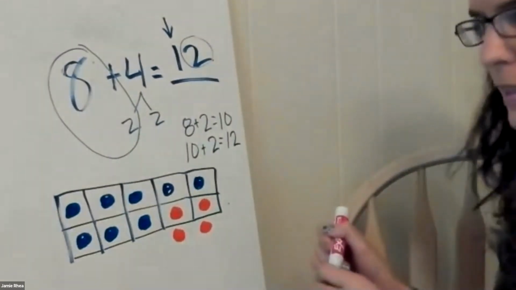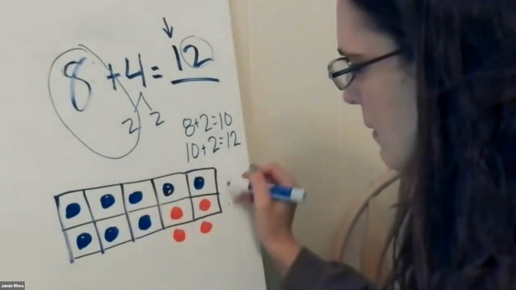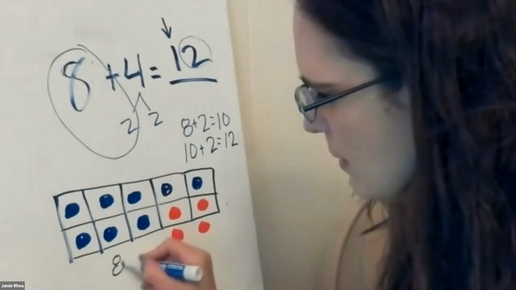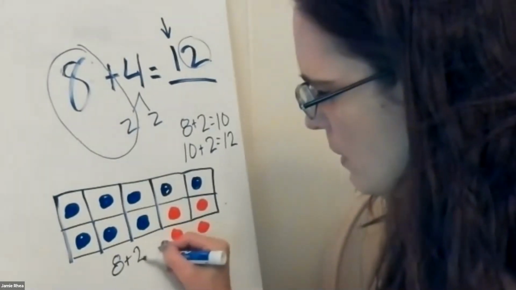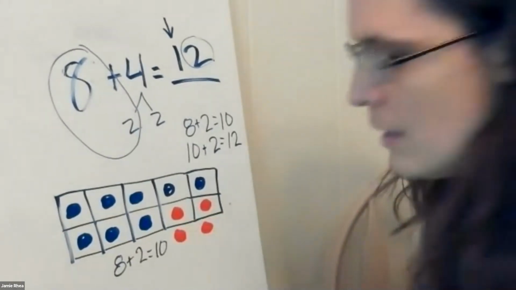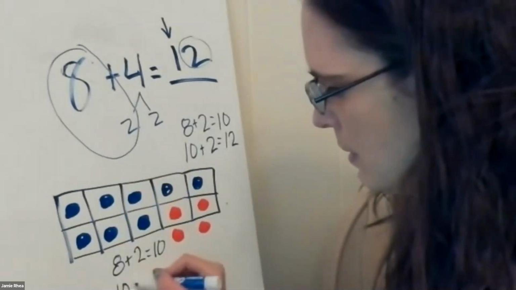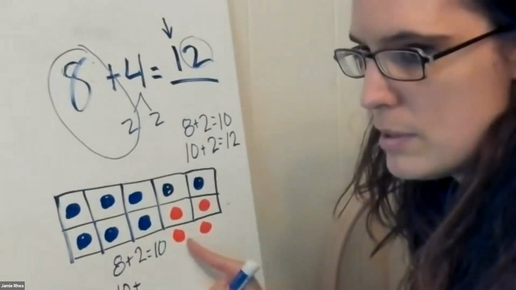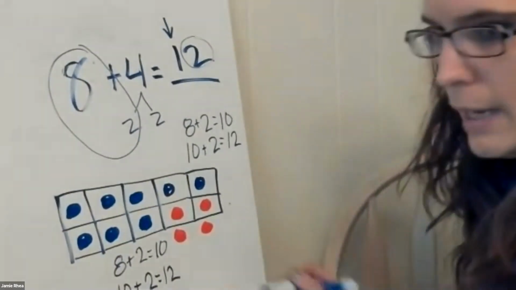You can look at it like this, okay? I have 8 plus 2 more in my frame equals 10. Then I took my 10 plus the 2 outside my frame equals 12, okay?